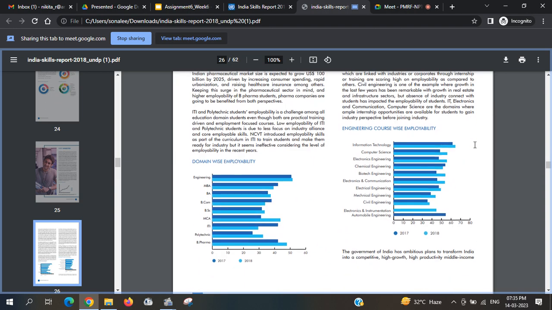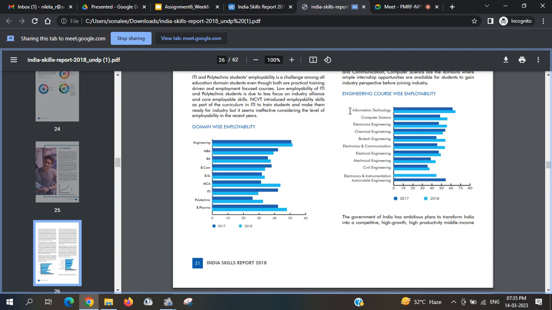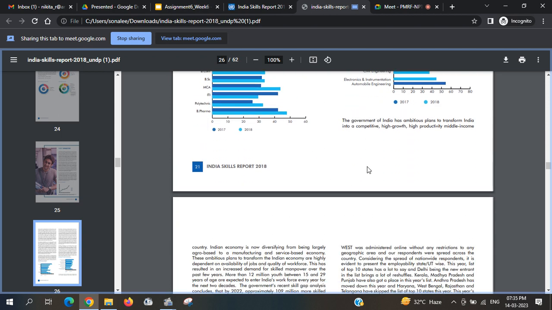And then it gives you details about domain wise employability. So for example, engineering, MBA, different domains, how much employability different domains have. And then even course wise employability you can see have been given by this report.